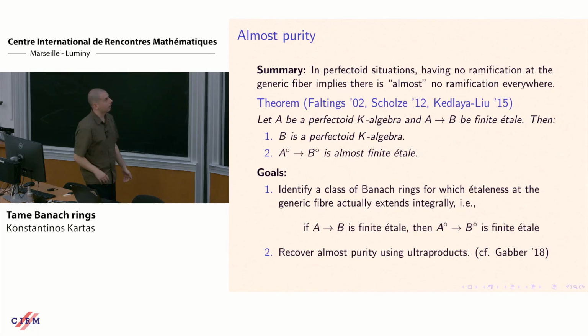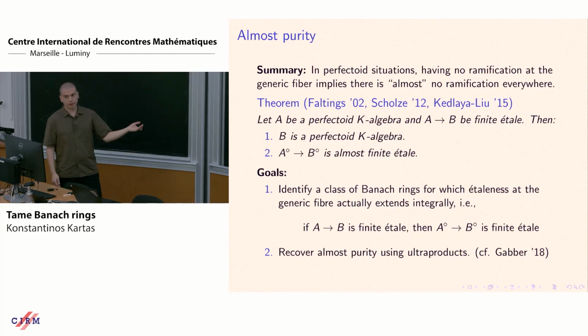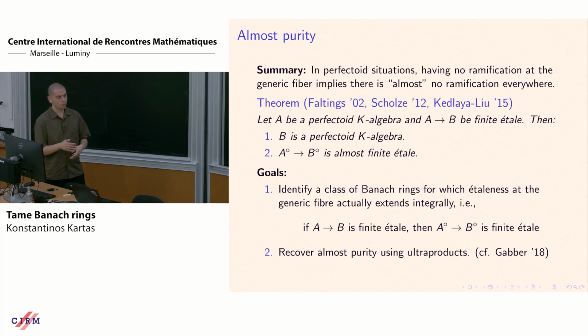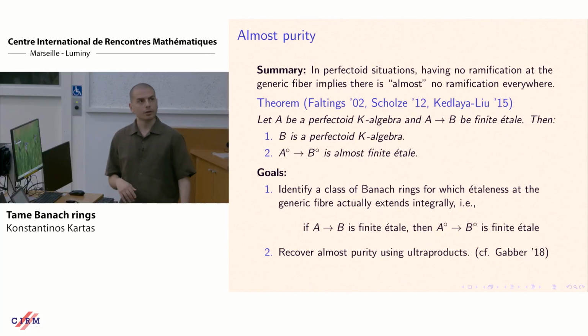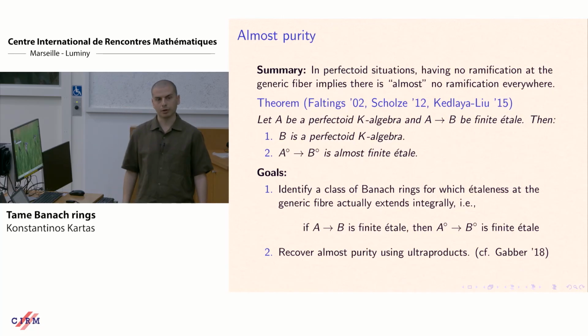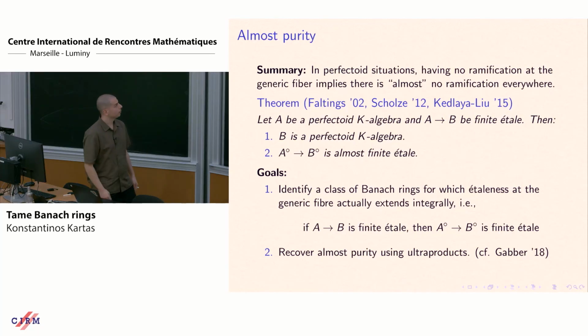So if you have a finite etale extension generically, then it's finite etale everywhere, finite etale integrally. And then the second part is to recover almost purity, the almost statement that I stated before, using ultraproducts. It turns out that there is a connection between almost mathematics and usual mathematics via ultraproducts, which was essentially first discovered by Gabber. And then we essentially arrived at the same ideas a few years later, but with different motivations in mind.